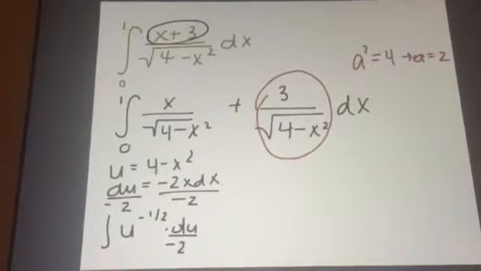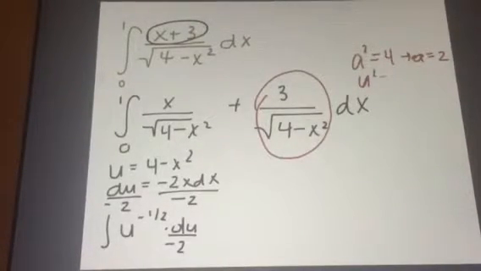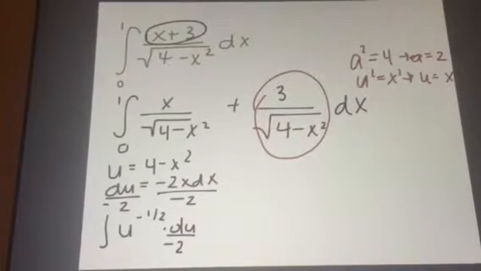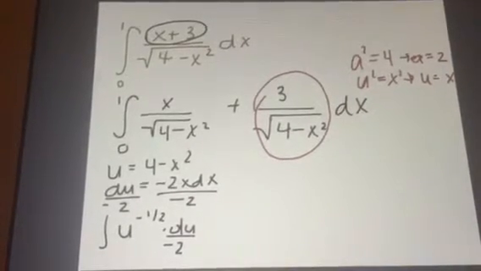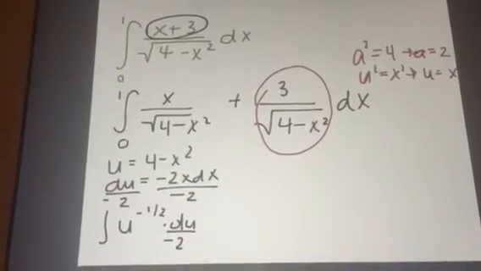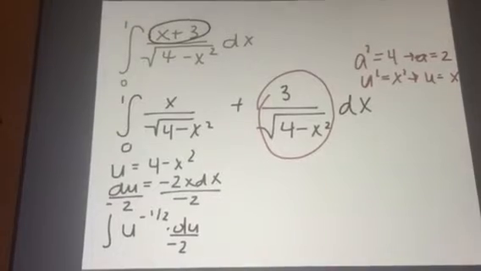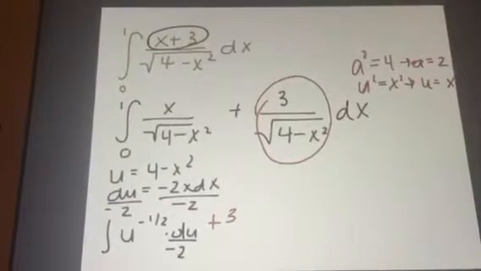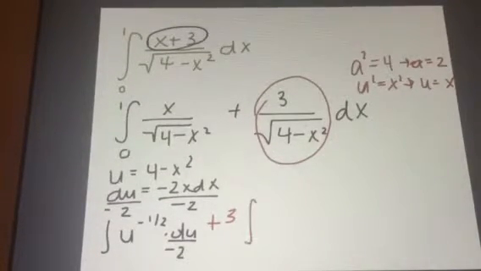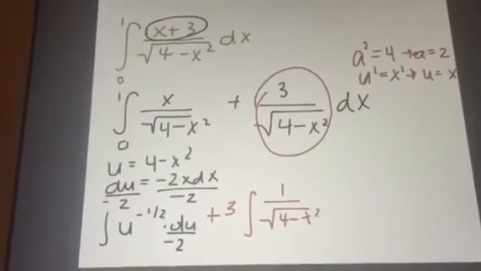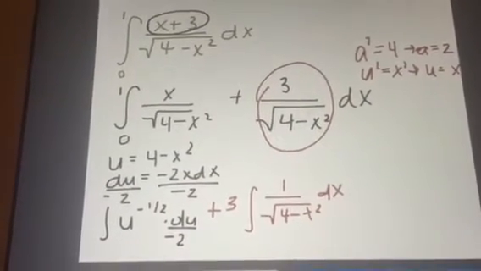And we've got u squared to be x squared, so then u is equal to x. This is also an inverse trig function, but it's not tan inverse. This time it'll be sine inverse. So that'll be plus 3 the integral of 1 over square root of 4 minus x squared dx.